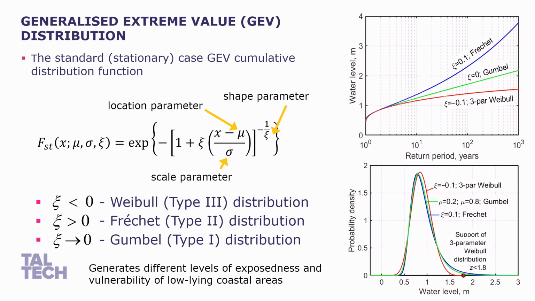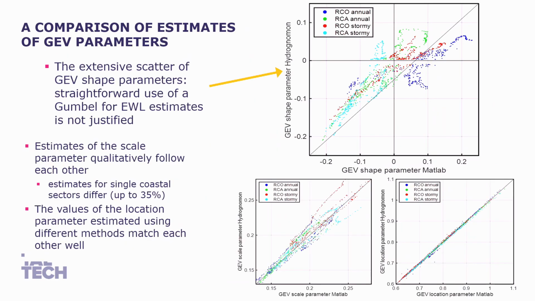And if the shape parameter is 0, it indicates the Gumbel distribution. This is the green line, and this is the increase of extremes between the two previously mentioned distributions. So if we compare the estimates calculated by different methods for these GEV parameters, for the shape parameter, the scatter is extensive.